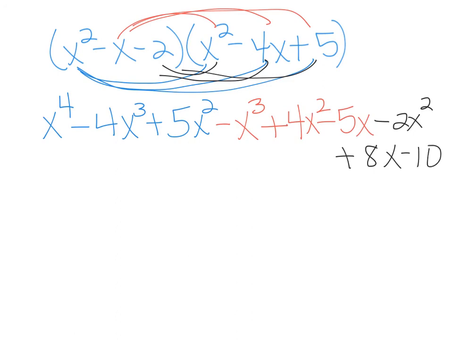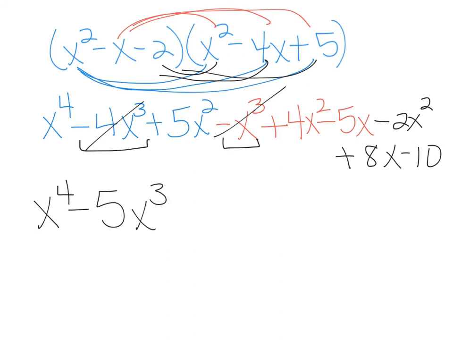So if I combine like terms in this polynomial, x to the fourth is my only degree 4 term. I have negative 4x cubed and negative x cubed, which gives me negative 5x cubed. Then x squared terms, I get 5x squared plus 4x squared, 9x squared, and subtract 2 is going to give me 7x squared.